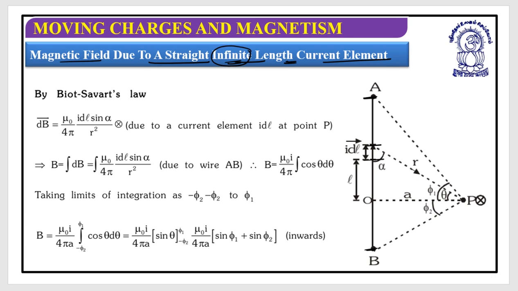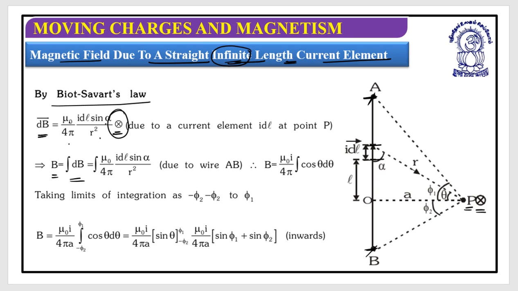I have taken a certain segment IDL, and due to this current carrying conductor, I want the magnetic field at point P. According to the Biot-Savart law, dB equals mu naught by 4 pi multiplied by IDL sine alpha by r square, and it is perpendicular to the plane. I have mentioned it by making a cross there. The magnetic field is inwards, perpendicular to the plane containing IDL and r. Is it clear?